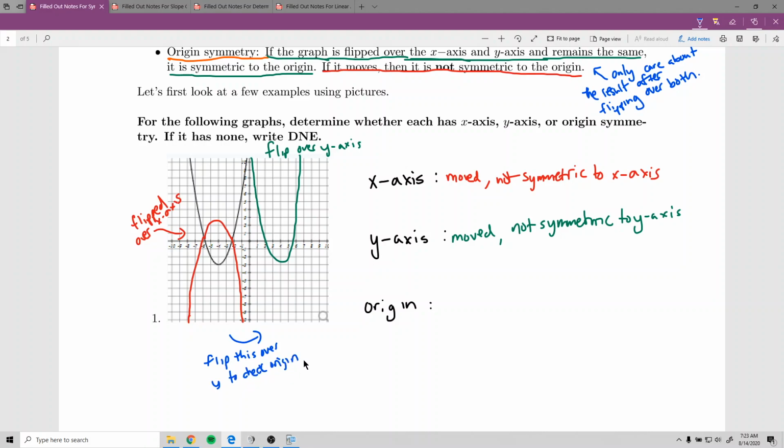That's how I like to check the origin symmetry. So we flip it over both, but we want to do it with the same picture. So this is flipped over x, and then this one is flipped over y. So this is what the picture would be if we flipped it over the origin.